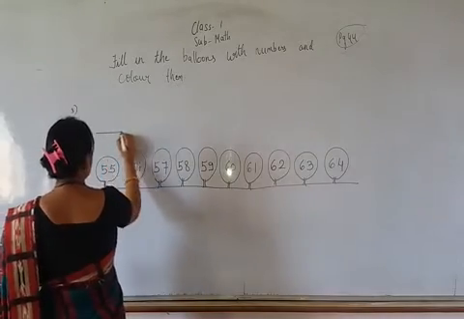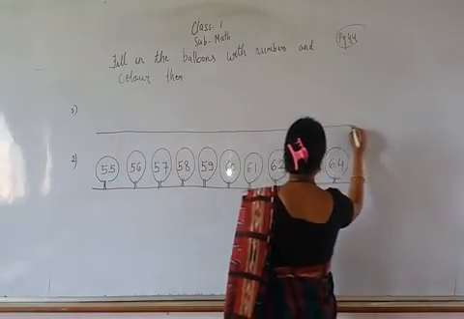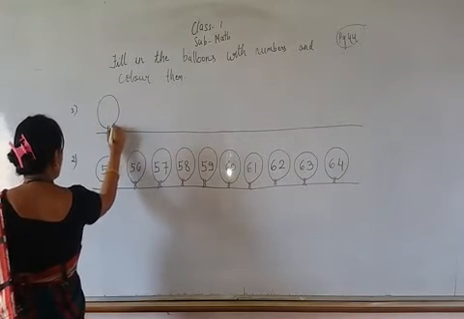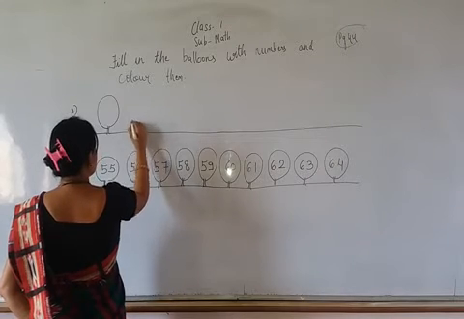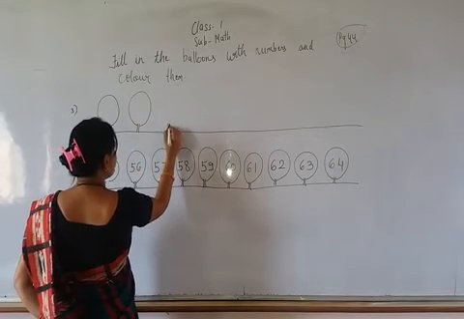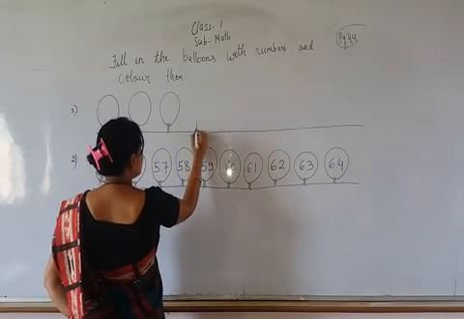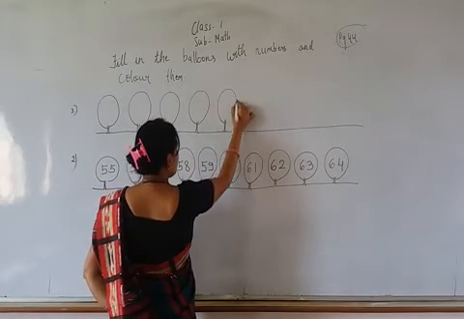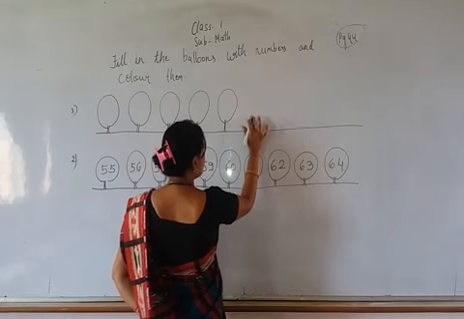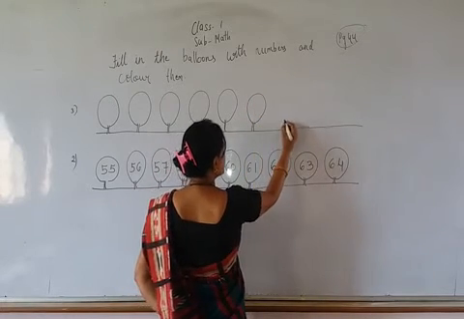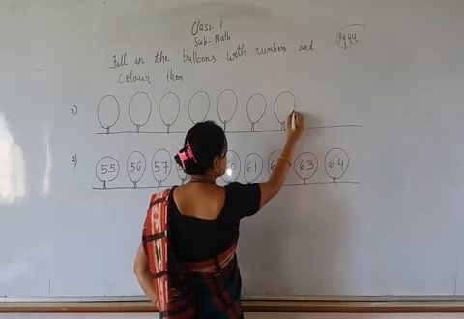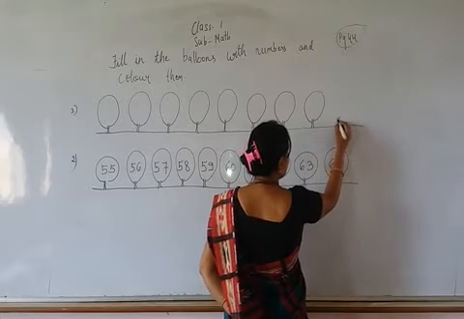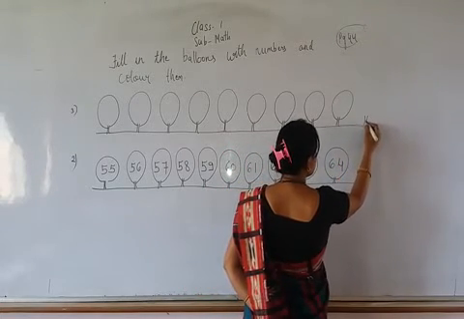So first I am drawing one line, and on this line I draw 10 balloons. 1, 2, 3, 4, 5, 6, 7, 8, 9, and last is 10.